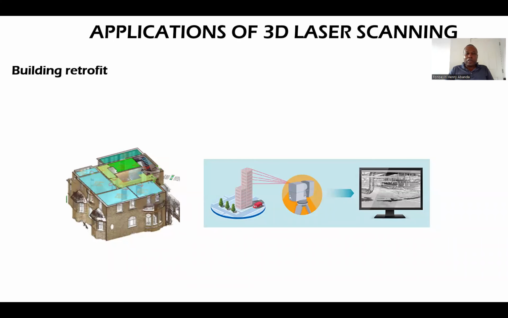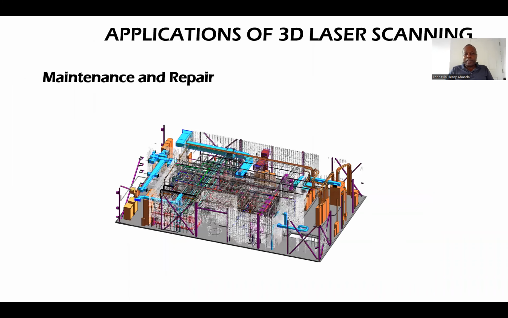And of course, you can use the scan model, the point cloud data that you would have obtained from your scanning activity, to generate a model that can be used for building retrofitting. In the same way, you can use your point cloud data obtained from laser scanning to generate a 3D model that can be used for maintenance and repairs of buildings.